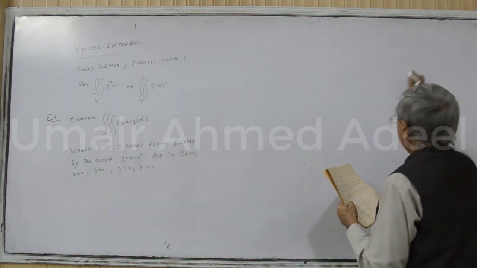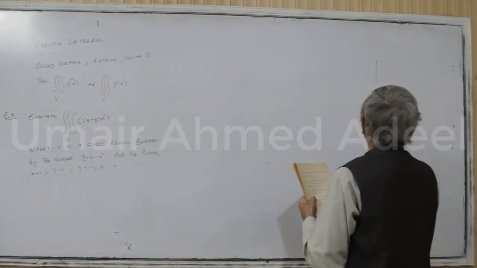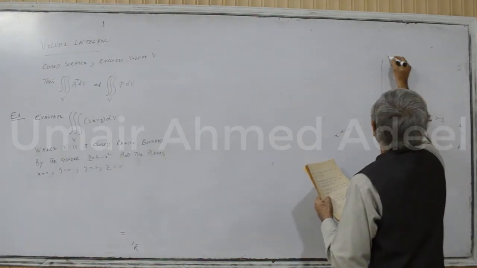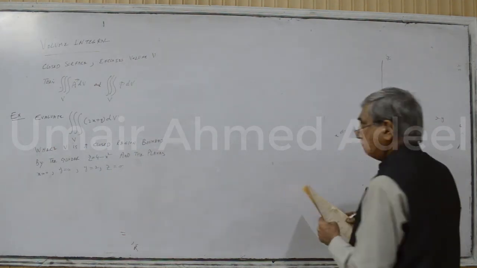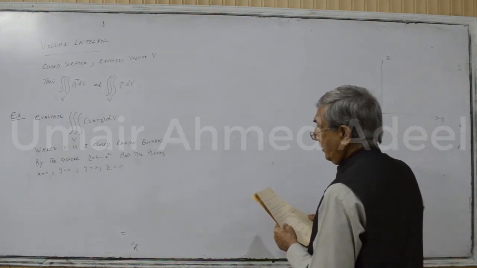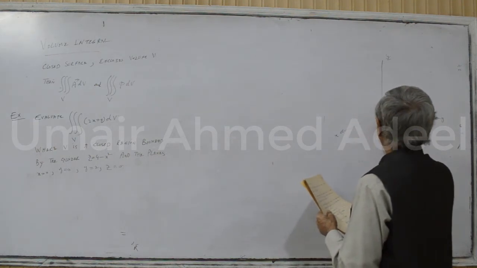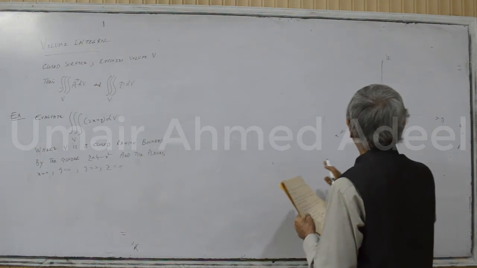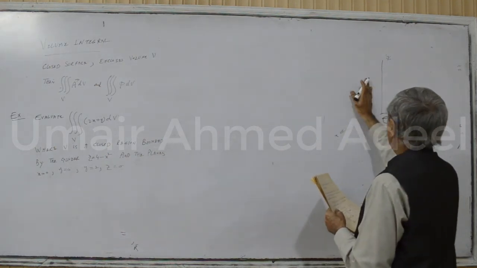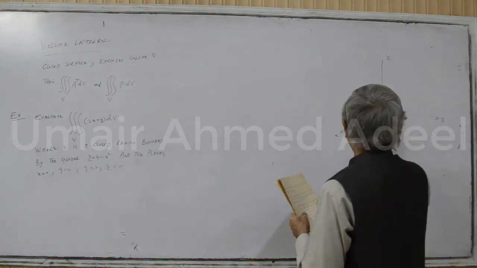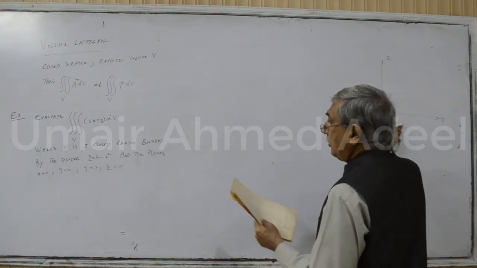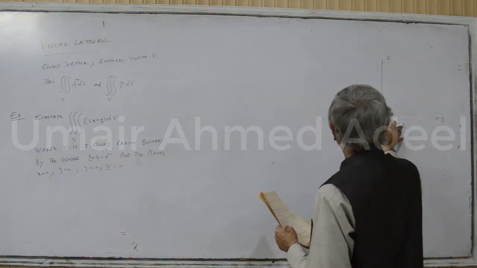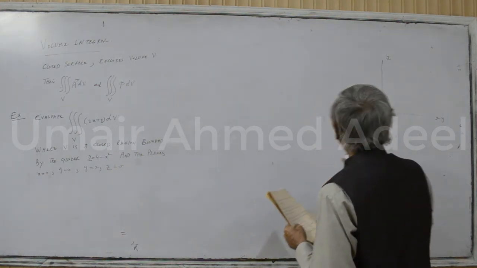Again, coordinate system x, y and z. Look at the planes. x is equal to 0 is this plane. y is equal to 0 is this plane. z is equal to 0 is this plane. So it means that the region is in the first octant. And y is equal to 2.